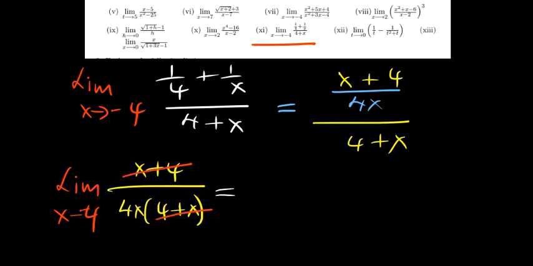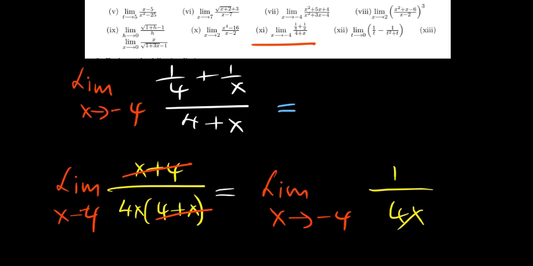So we have the limit as x approaches negative 4, and then on the top part, we have the 1, bottom we have 4x. You can substitute. If an x, we're going to put a negative 4. So you end up with 1 over negative 16. So it's negative 1 over 16. That's where we've ended for this question.